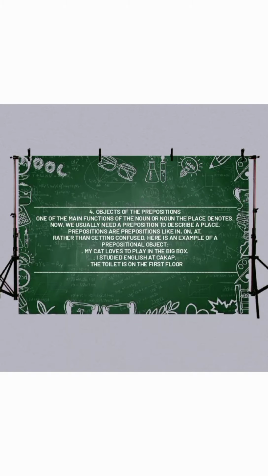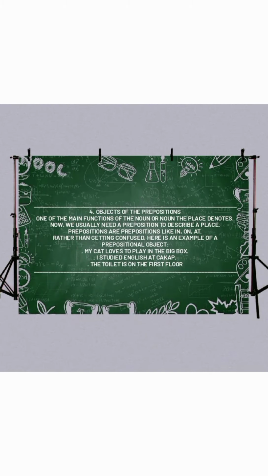And the last function, object of the preposition. One of the main functions of the noun is to denote a place. We usually need a preposition to describe a place. Prepositions are words like in, on, at.